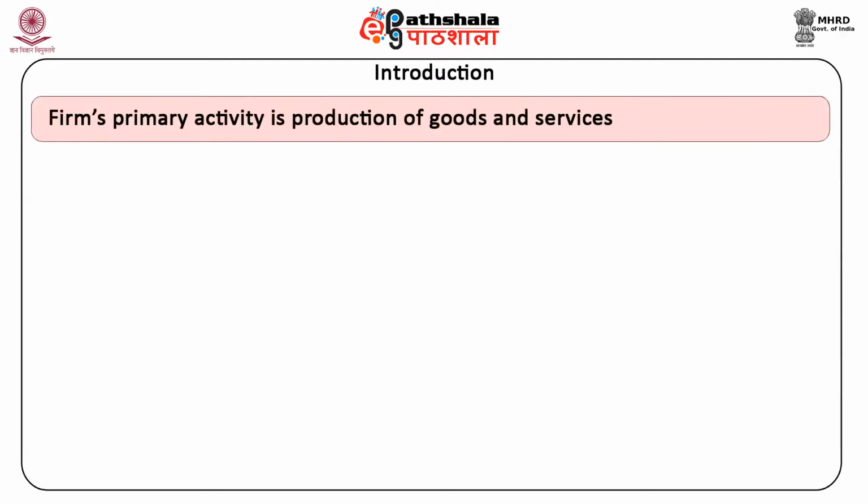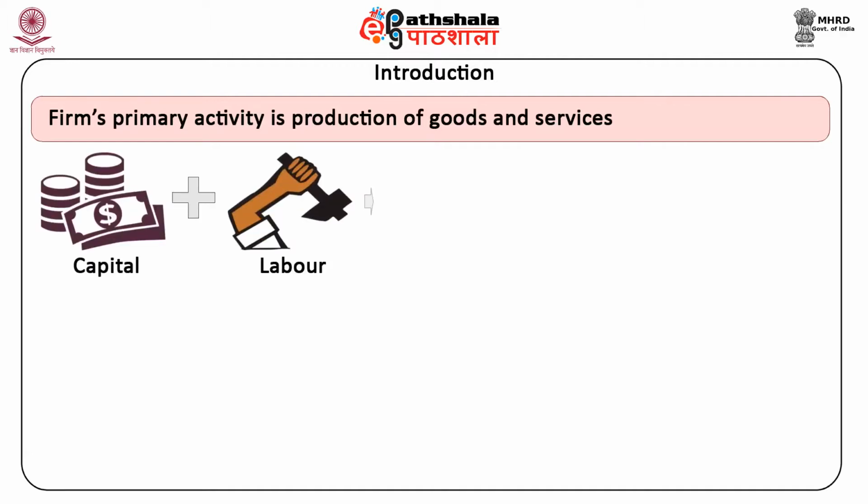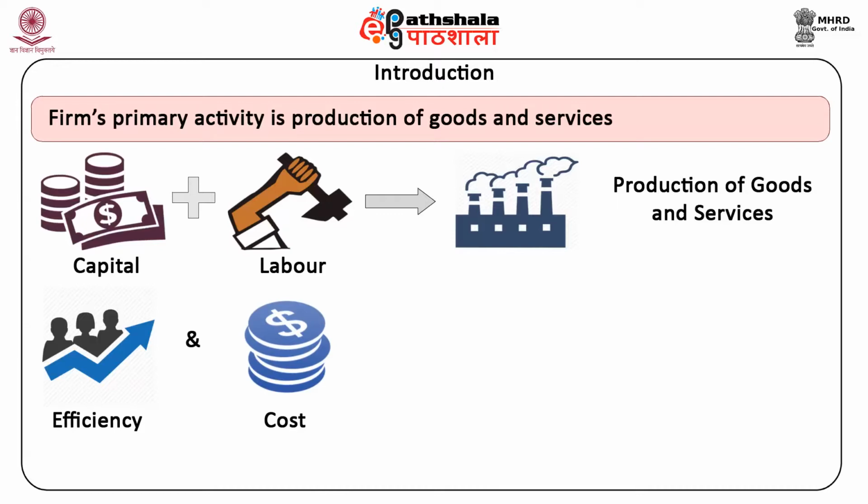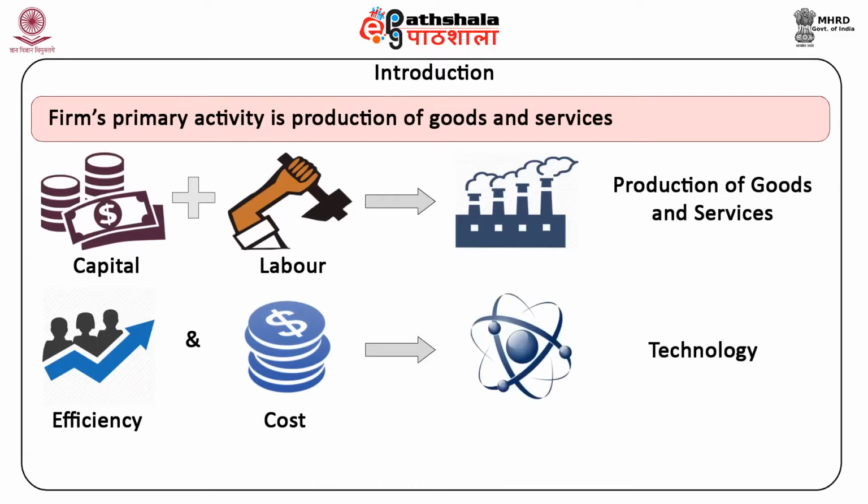A firm's primary activity is the production of goods and services. The capital and the labor employed for the production of goods and services by the firm, the efficiency of the firm, and the cost of production depend mainly on the technology used by the firm. It is therefore essential to have an understanding of the formal relationship between these factors, which is provided by the production function.